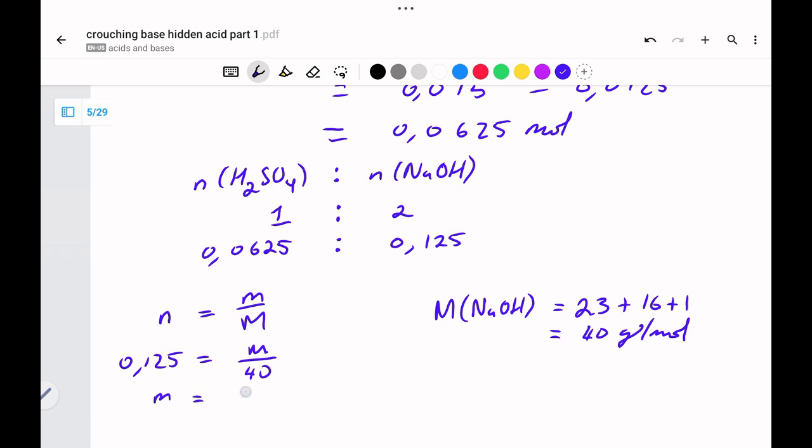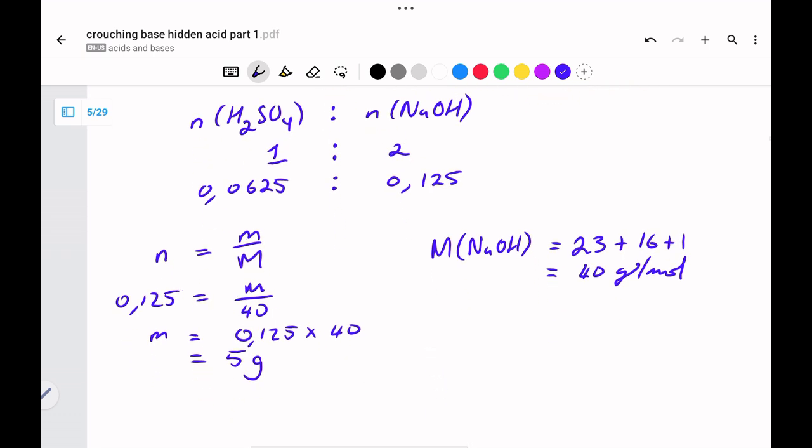So M is the product of the two. Okay, so we're done. 5 grams.